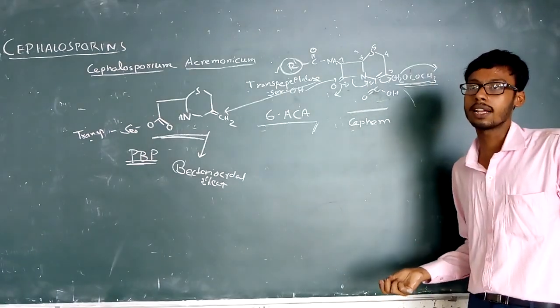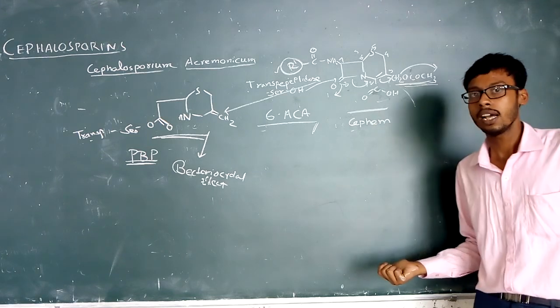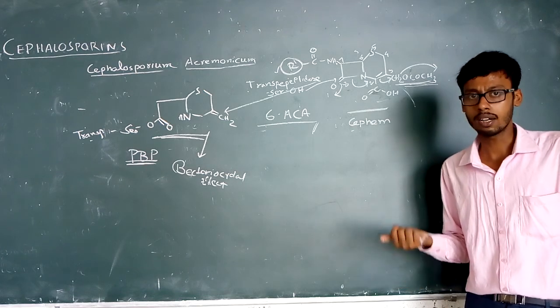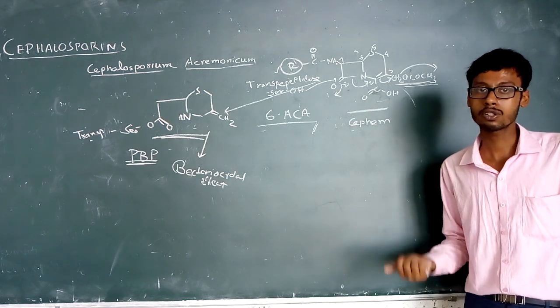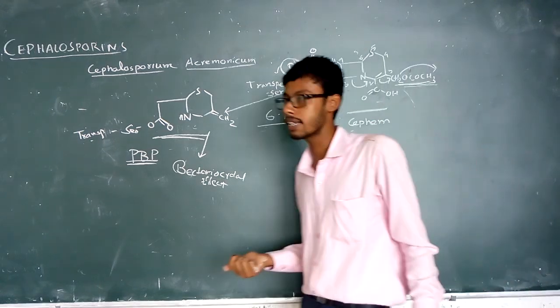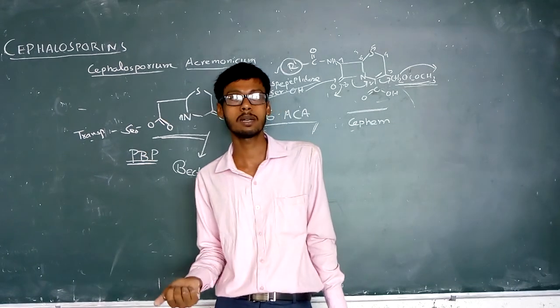So before going to the SAR of the cephalosporin ring system, we classify the various cephalosporin drugs according to their generation, and the generation indicates the spectrum of activity of the cephalosporin.